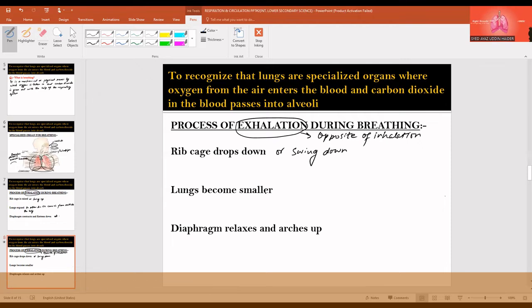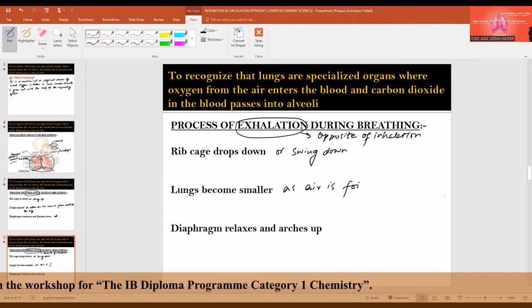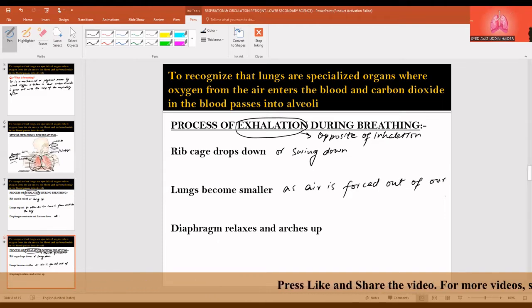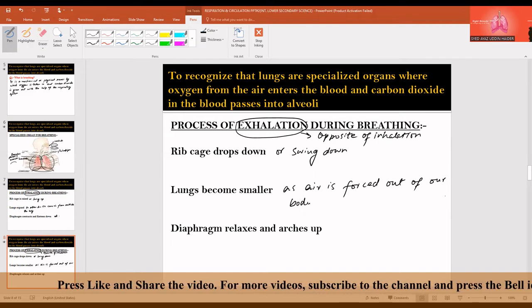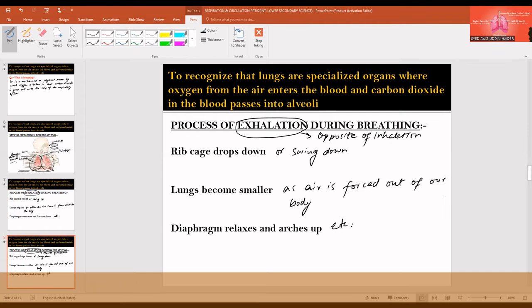Lungs become smaller as air is forced out of the body. Diaphragm relaxes and arches up, etc.